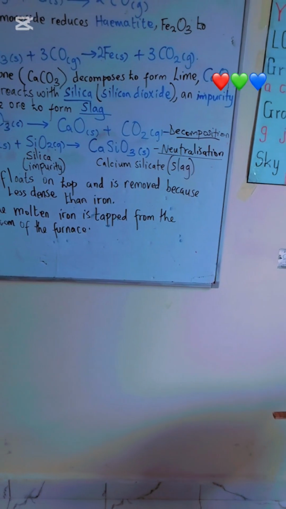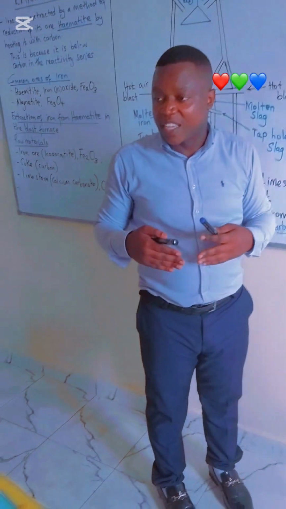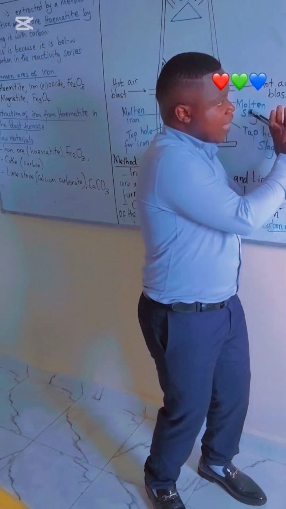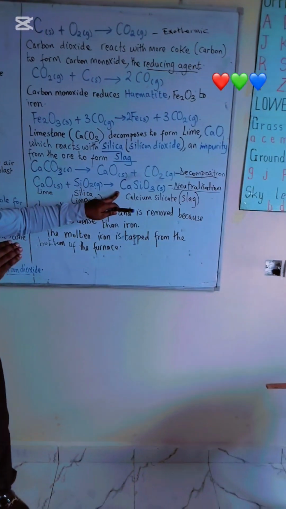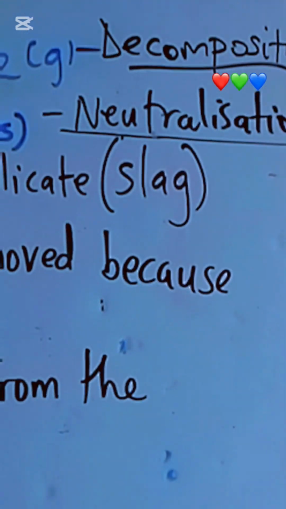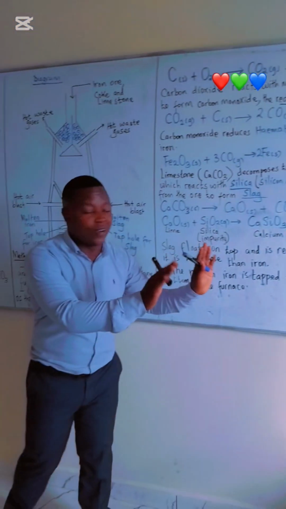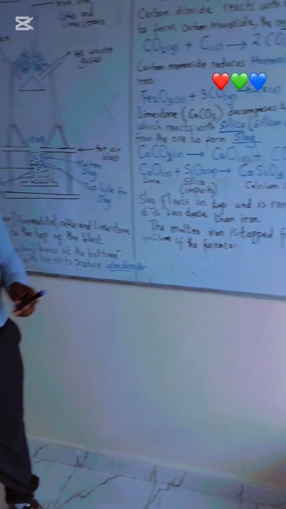Why? Because calcium oxide is a base and silicon dioxide is an acidic oxide. So a base and an acidic oxide, when they react, will form calcium silicate, and that reaction is a neutralization reaction. Whenever I react a base with an acidic compound, the reaction formed is a neutralization reaction.